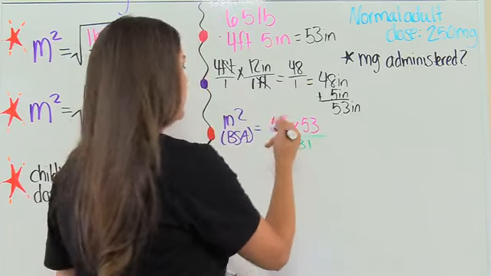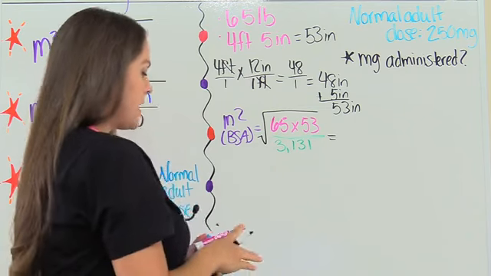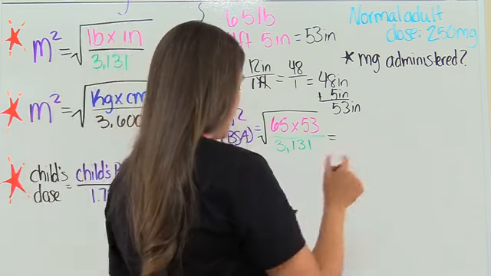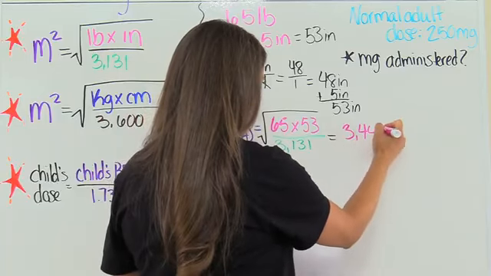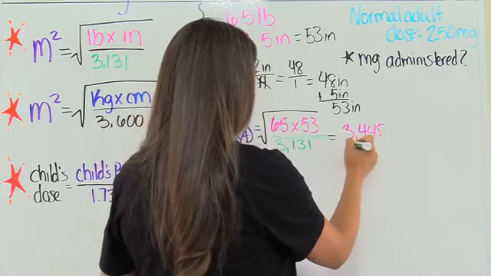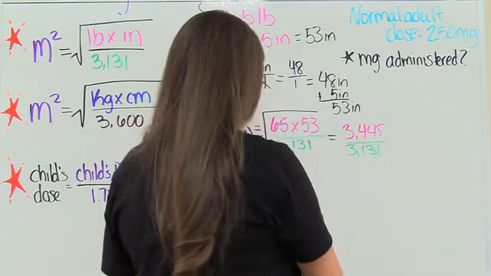And whenever we do that, we're going to calculate our square root. So we're going to multiply the things at the top. So 65 times 53 gives us 3,445. And we're going to divide that out by 3,131.